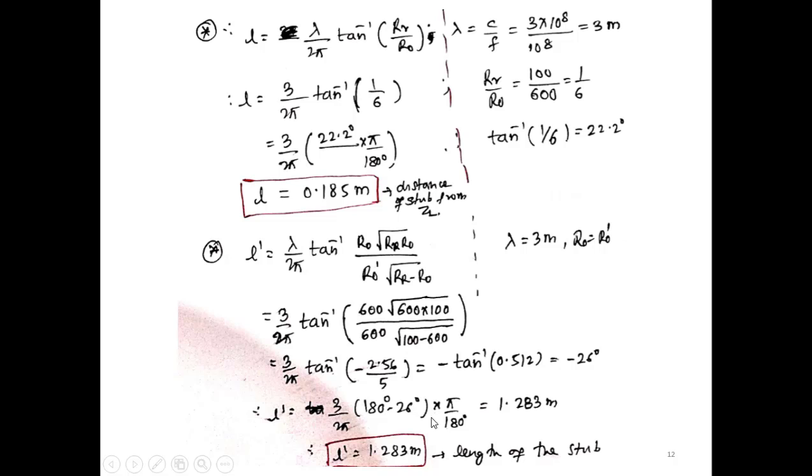This you have to convert into radian, again multiplying by pi by 180 degree. Pi cancels out here, and simplifying this you get 1.283 meter. Therefore, L dash is equal to 1.283 meter, the length of the stub.